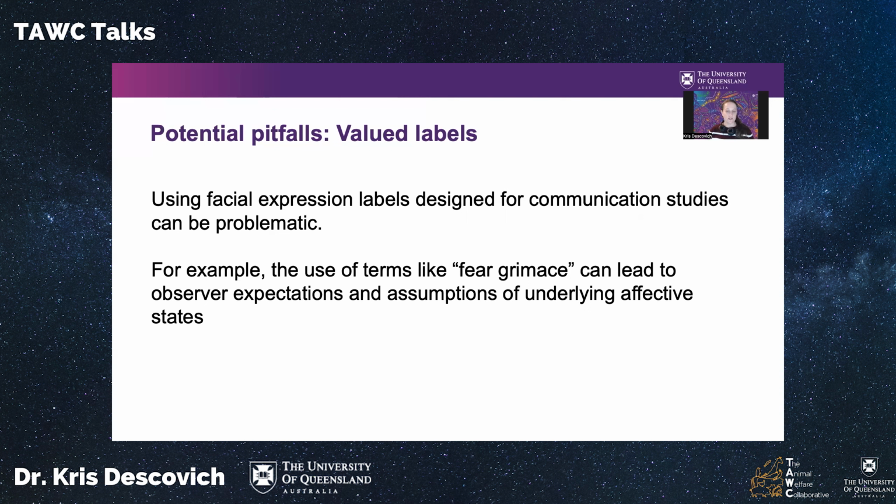So, for example, if I use the term fear grimace, in communication this might be quite useful because it may be very good at predicting what behaviors happen next. But using a label like that, which has the word fear in it, might make us make some assumptions about the underlying emotional states of those animals that may not actually be the case. So I'd be a bit cautious there.